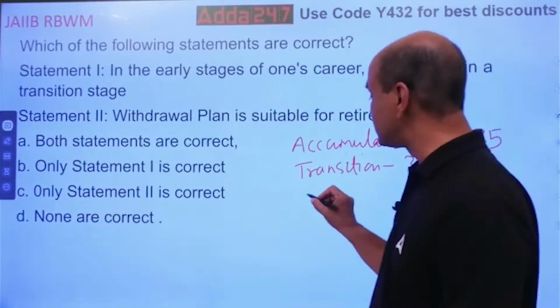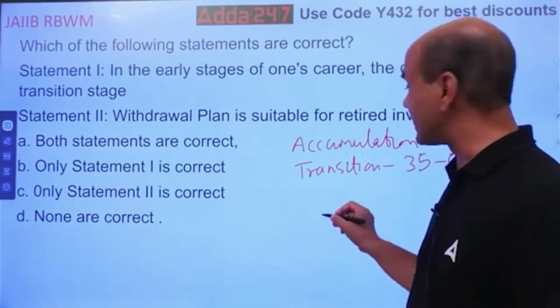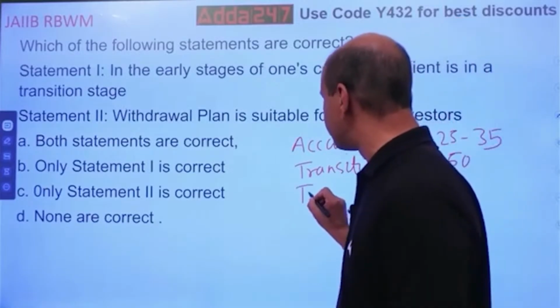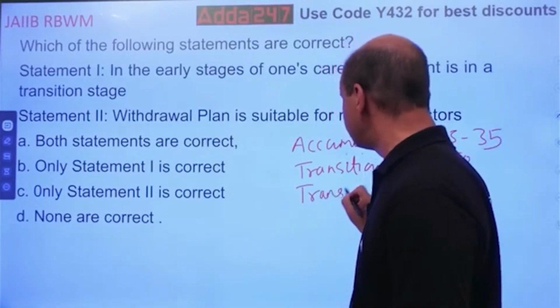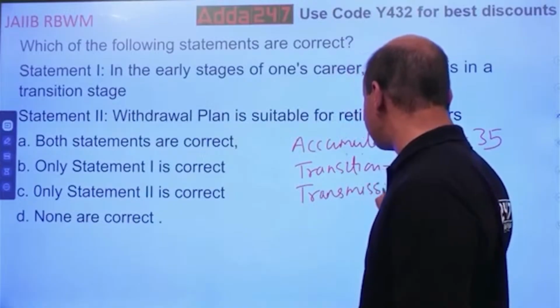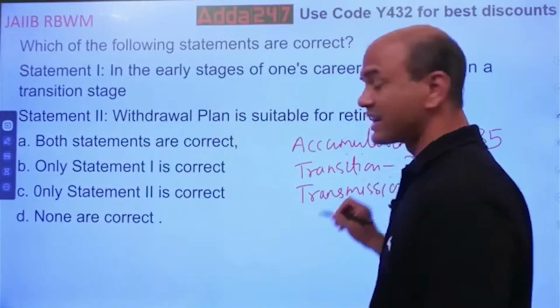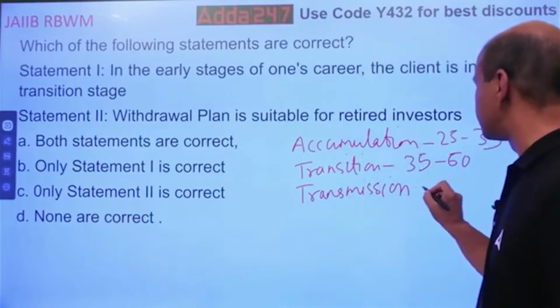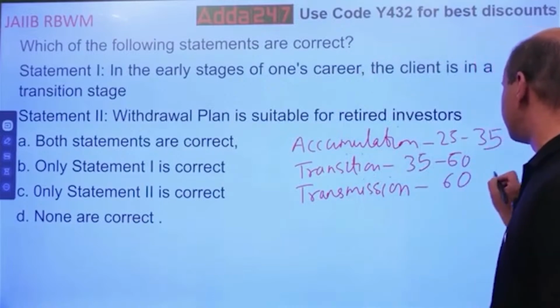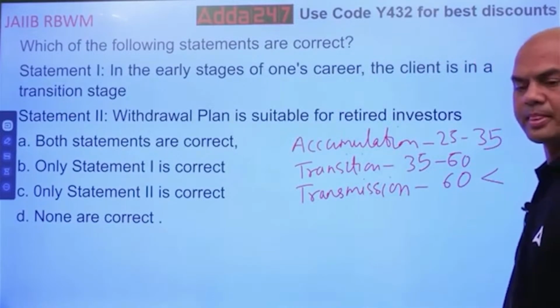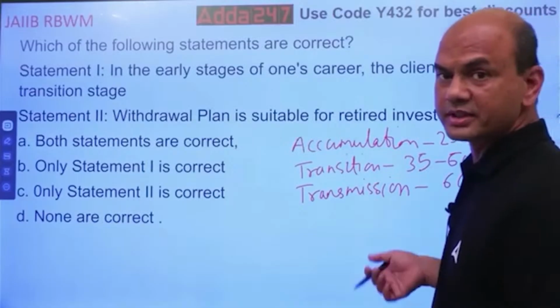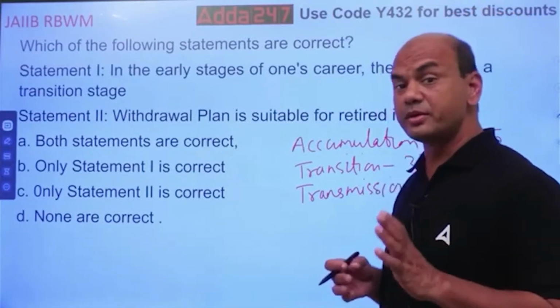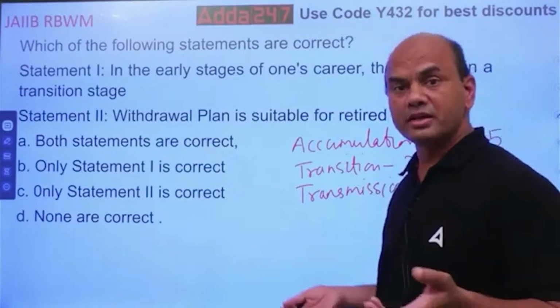And third one is distribution, or we call it transmission phase. Many names are there for this: distribution, transmission, transfer. This is above 60. In this phase, person thinks of distributing the wealth. Distributing means not to common public.